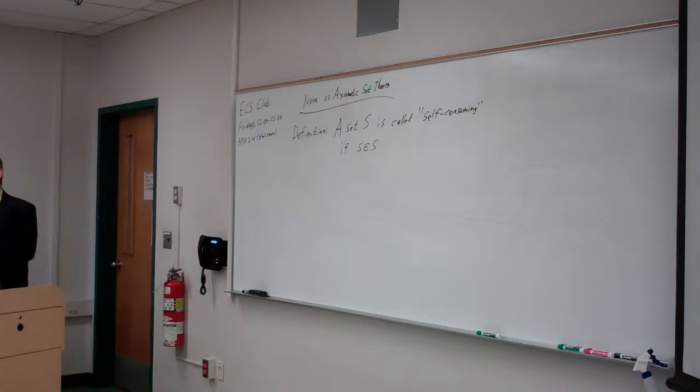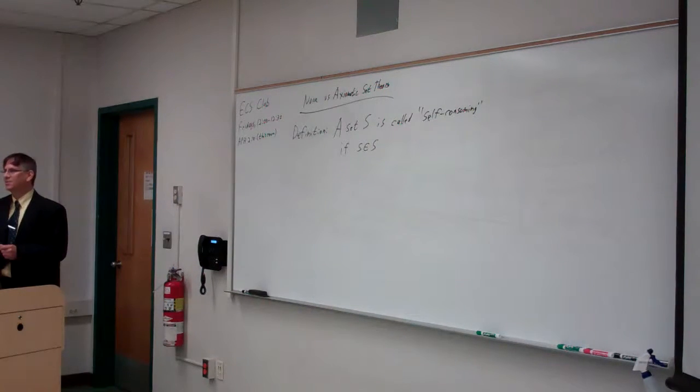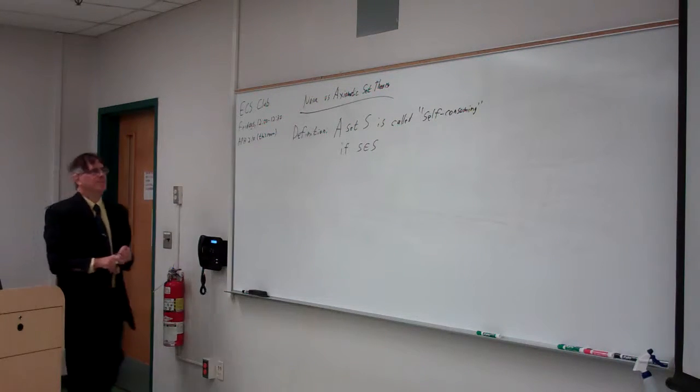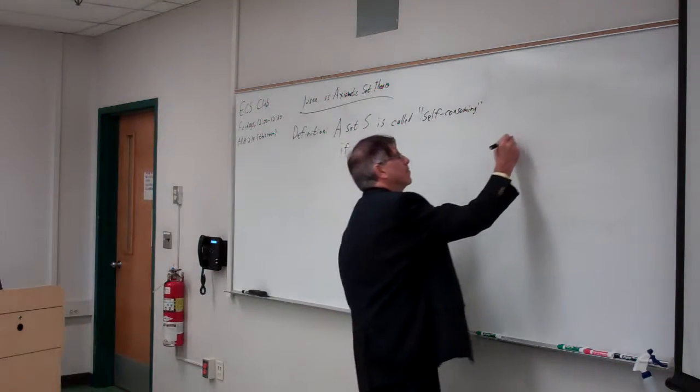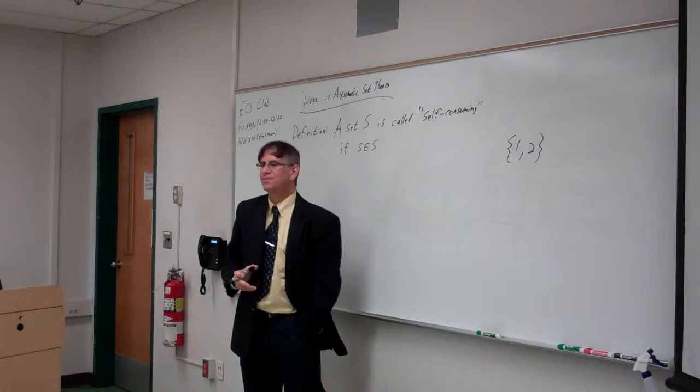If it contains itself as one of its elements. And I don't have a self-consuming set example I can put on the board. Because, yeah, it would be a recursive example.